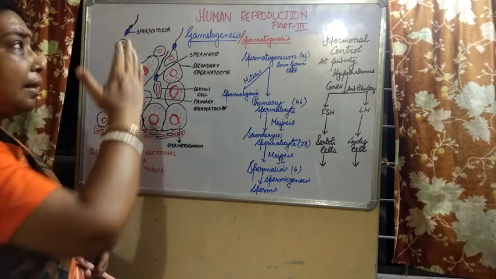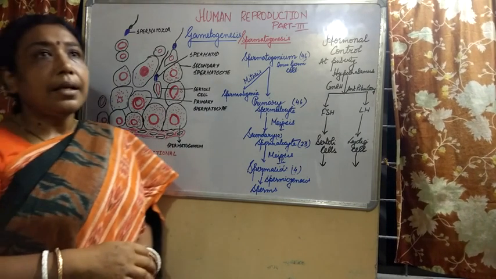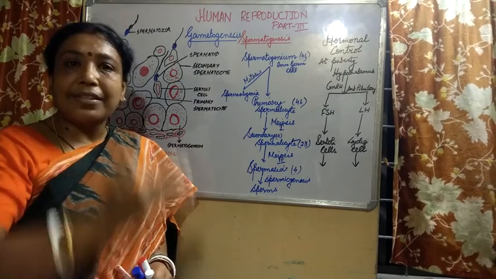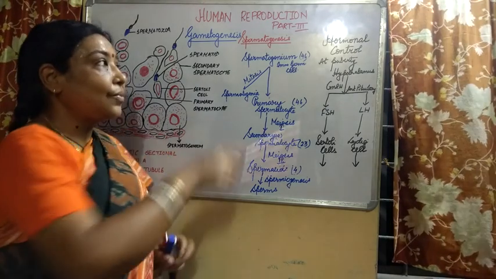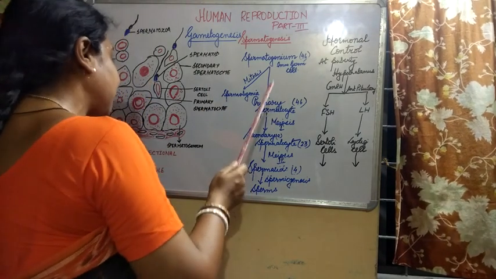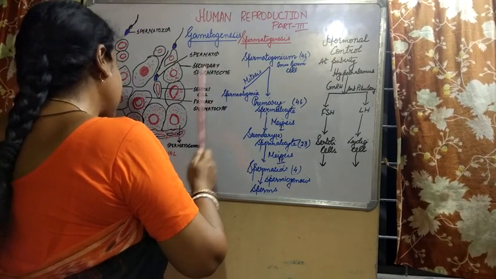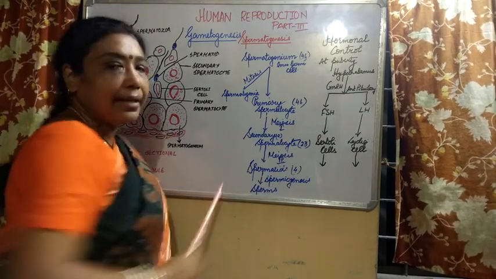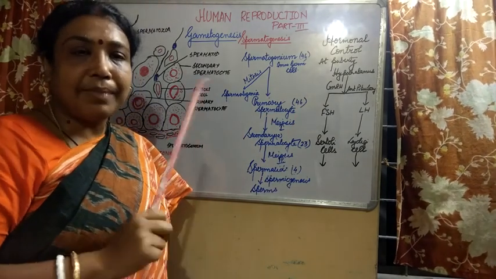Now in spermatogenesis there is one important aspect associated, that is known as hormonal control. Children, this entire process is being controlled by the hormones.